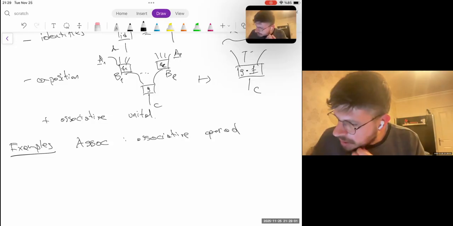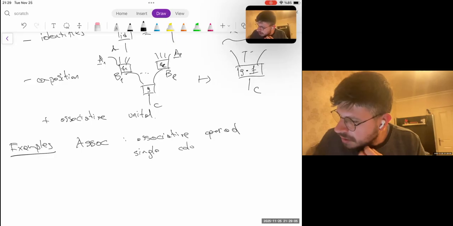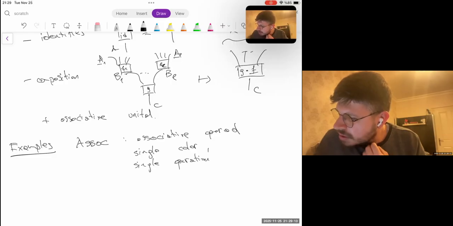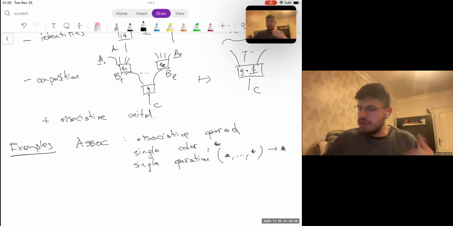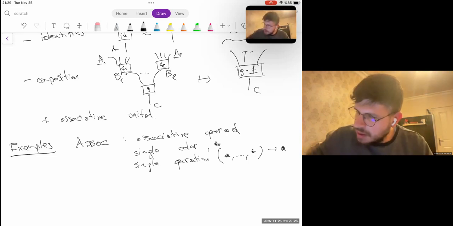This has a single color and a single operation. Let's call this color dot. So from any sequence of whatever length to this single color. So this is the terminal operad.